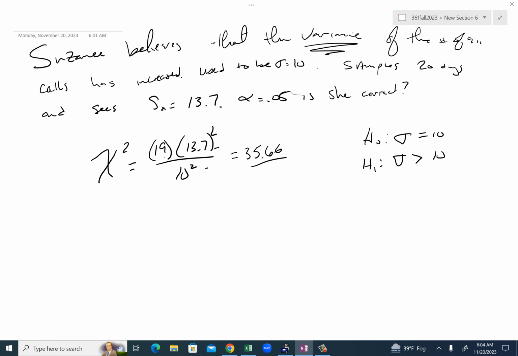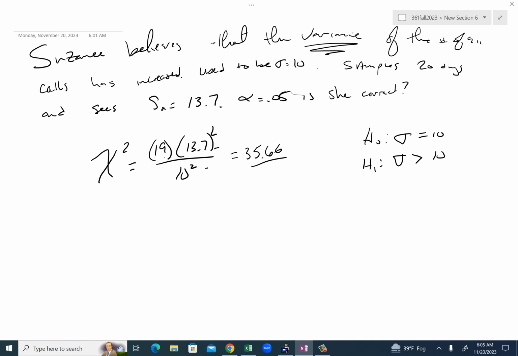Again, Suzanne's kind of a moron. If she samples 20 odd days and she gets less than 10, and yet she somehow still thinks it's greater than 10, that's weird, right? The question is not, does she think it's getting bigger? The question is, is it a significant difference, or is it only a small amount recently? I'm not judging her.